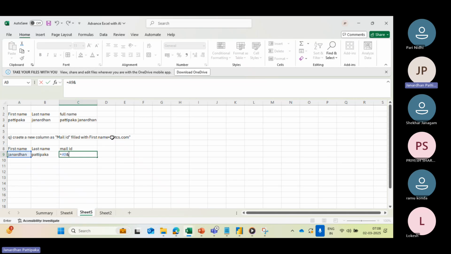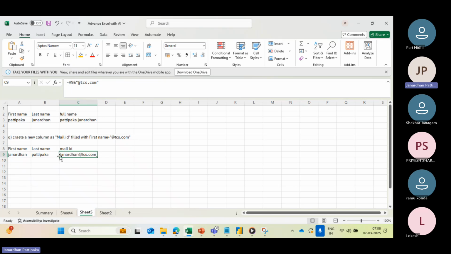So A9, ampersand, "at the rate tcs.com", and close the bracket. Once you close the bracket and press enter, you will see Janardhan at the rate TCS.